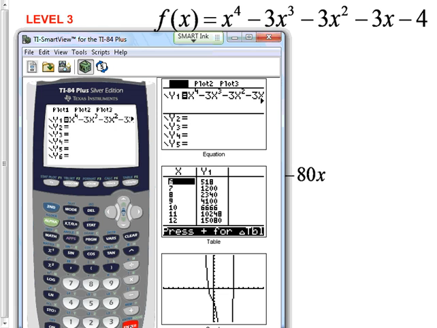Okay, x to the 4th minus 3x to the 3rd minus 3x squared minus 3x minus 4. All right, if I hit graph, I can see that it touches at 2 different spots.